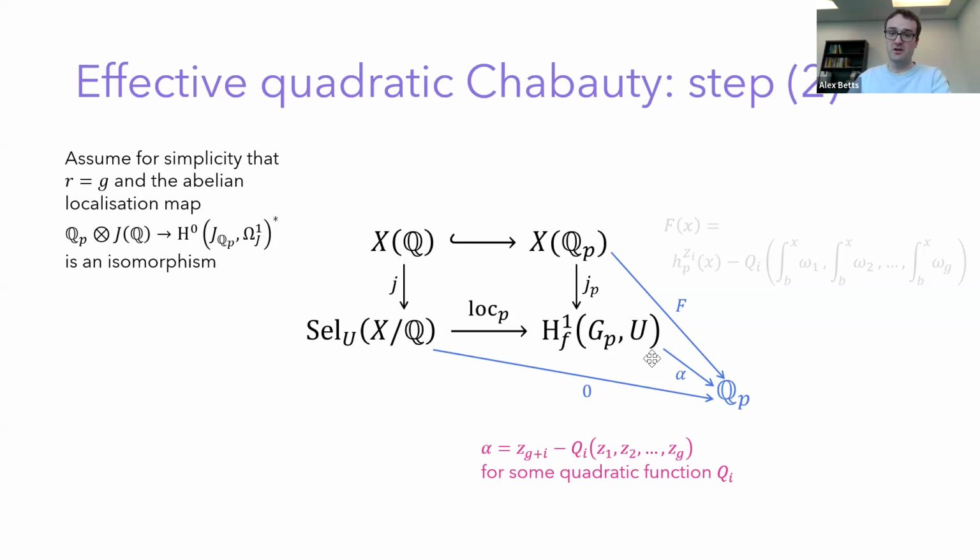And then when I transfer this over to the function f, which I get by pulling back along JP, it turns out to say that my Chabauty-Kim function is just given by some double Coleman integral, which I've written here as a p-adic height, but whatever this function is, it is a double Coleman integral minus some quadratic function in some single Coleman integrals.